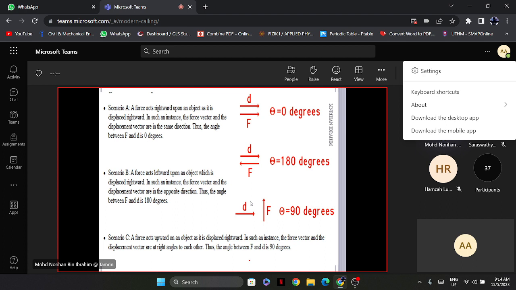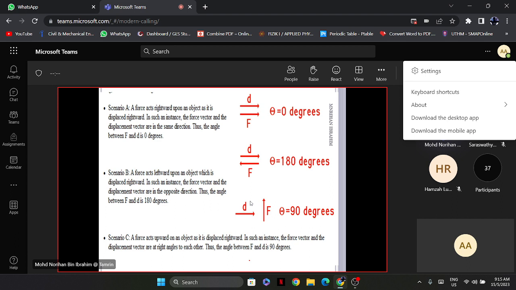Let's have a look at the first scenario, scenario A. A force acts rightward on an object as it is displaced rightward. In such an instance, the force vector and displacement vector are in the same direction.